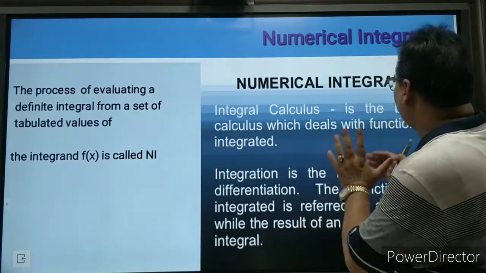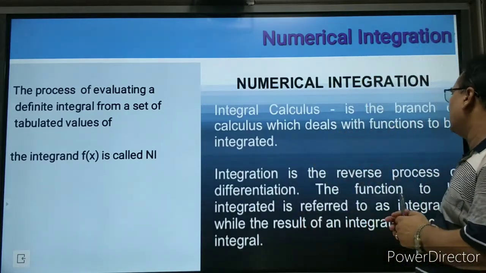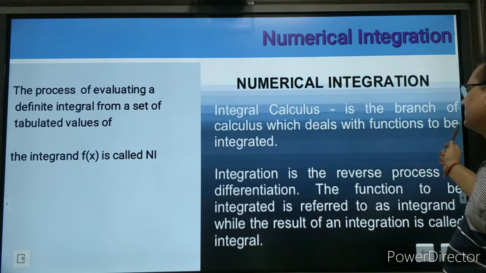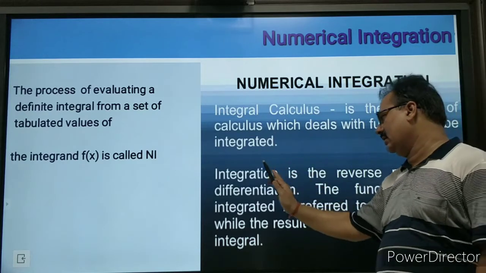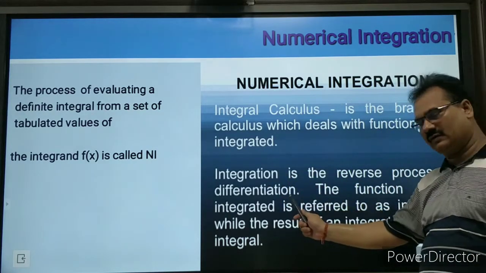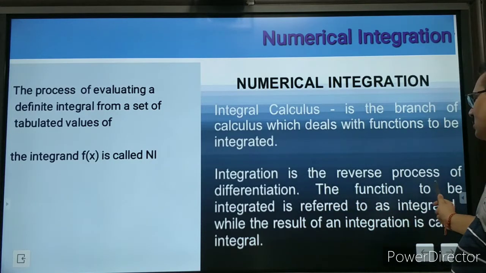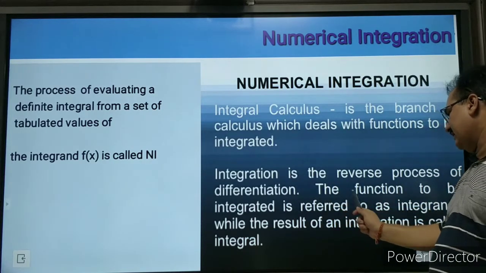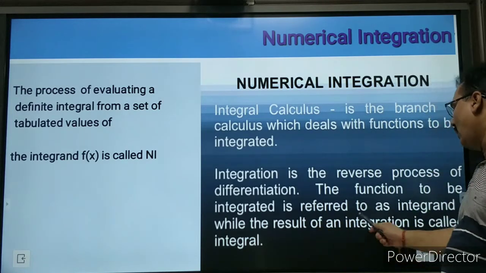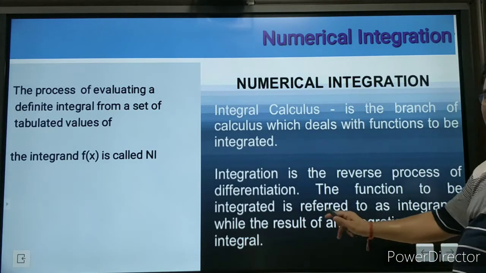Integral calculus is the branch of calculus which deals with functions to be integrated. Integration is the reverse process of differentiation. The function to be integrated is referred to as the integrand, while the result of an integration is called the integral.